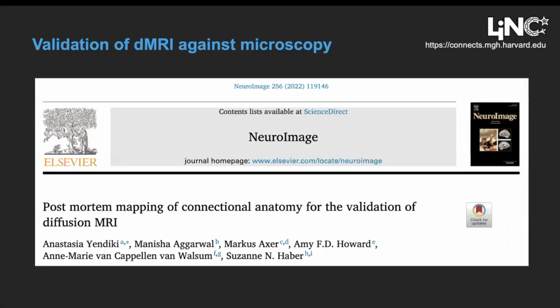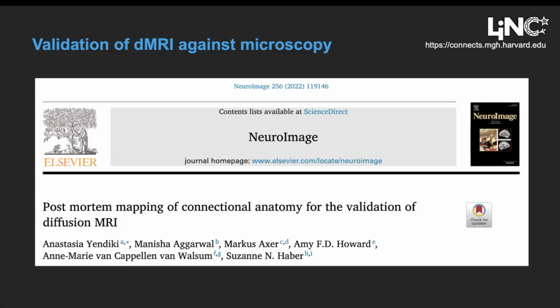However, there have been over the past 10 and even more years lots of efforts within the diffusion MRI community to better understand where tractography goes wrong and to compare it side by side with different microscopy techniques. And this is how I got sucked into this madness of going from in vivo neuroimaging all the way down to the microscopic scale.